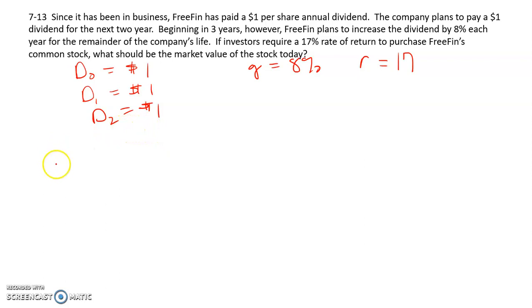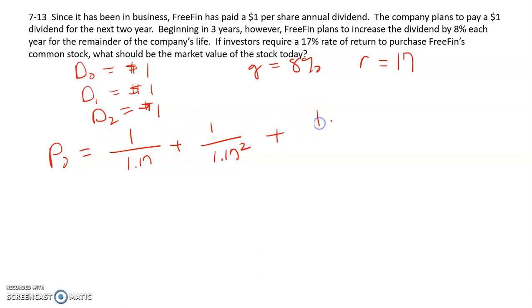So if we were going to do this the way the book showed you, P0 is equal to 1 divided by 1 plus the required rate of return, 1.17, plus 1 divided by 1.17 squared, so that's D1, and this is D2.